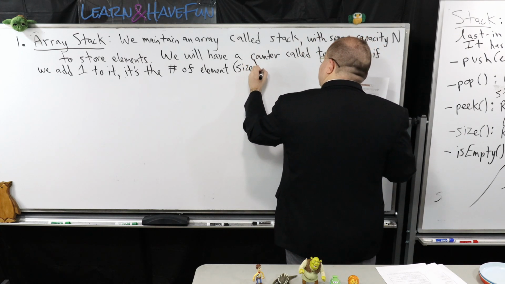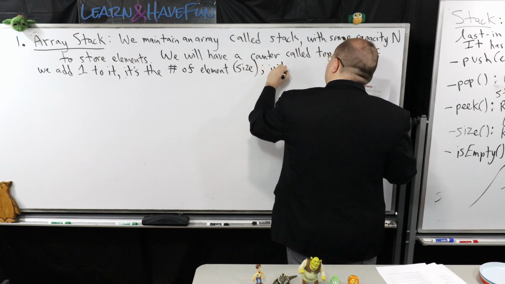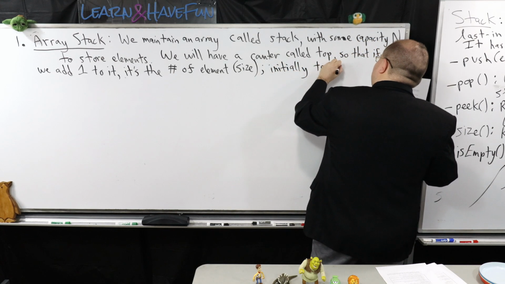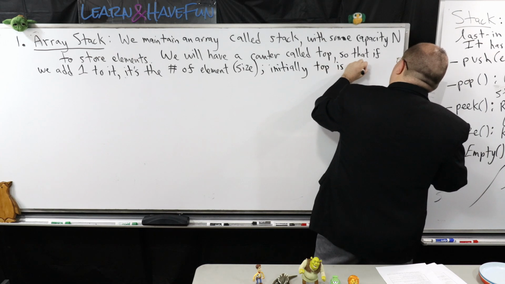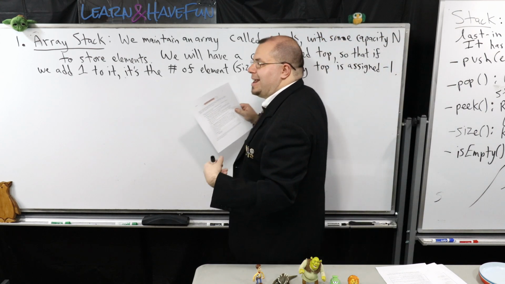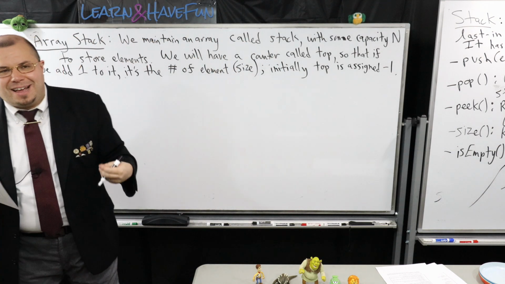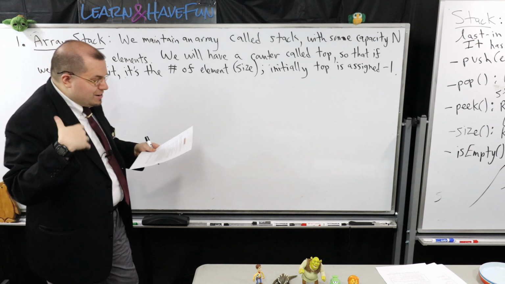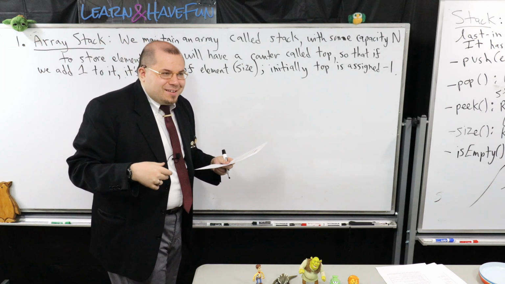I must stress that initially top is assigned -1, which makes sense because if I have -1 and add 1 to it, I get 0, meaning the stack is currently empty. So that's one way you can easily check if your stack is empty or not.